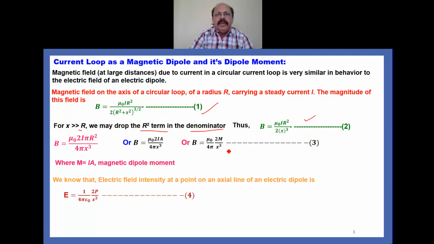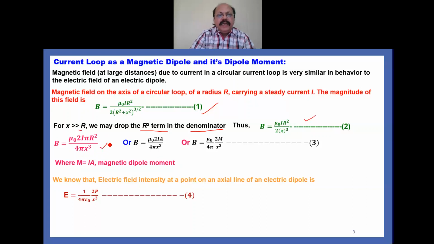Now we multiply equation 2 by 2 pi in numerator as well as in denominator. So equation 2 becomes B equal to mu naught 2 I pi r square upon 4 pi x cube.